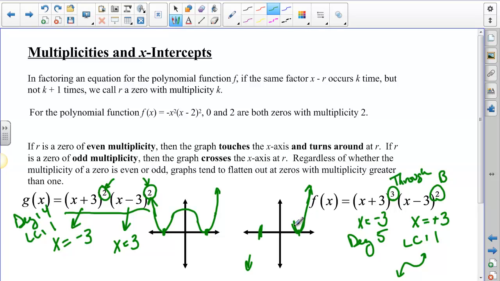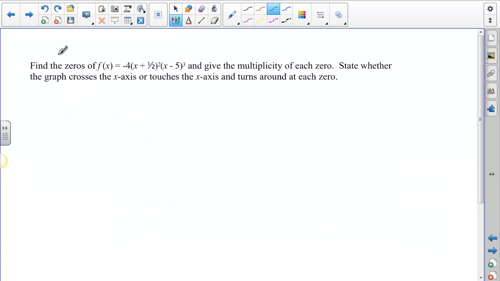My graph's going to look something like that. Now it could have some more bumps and dips in it or turning points, but I know at least it's going through at negative 3, bouncing off the graph or touching the x-axis and turning around at positive 3, and my end behavior still falls into play. So that's what's going to happen when we look at those.